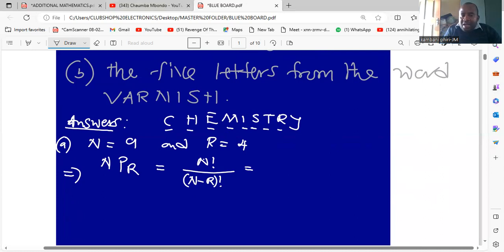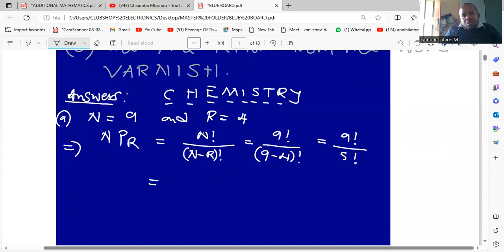So we have 9 factorial over 9 minus 4 factorial. So this is 9 factorial divided by 5 factorial.